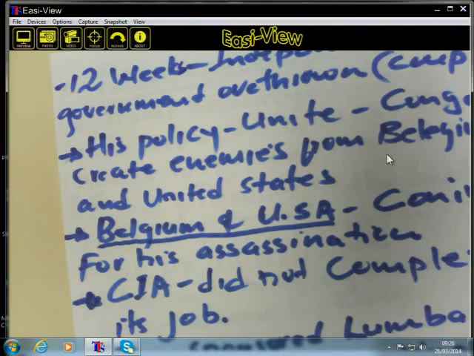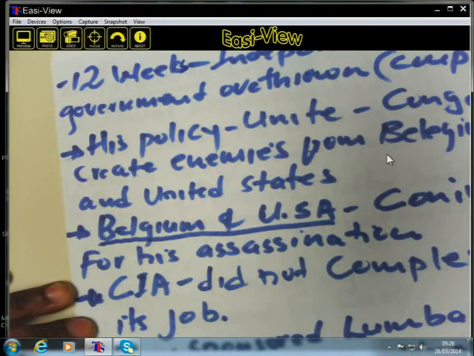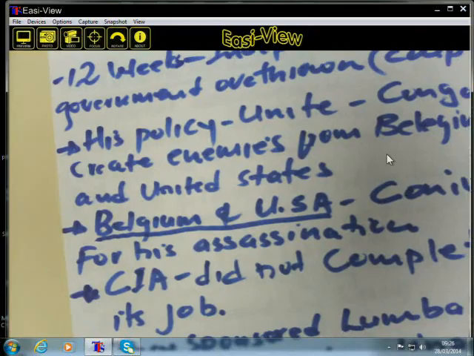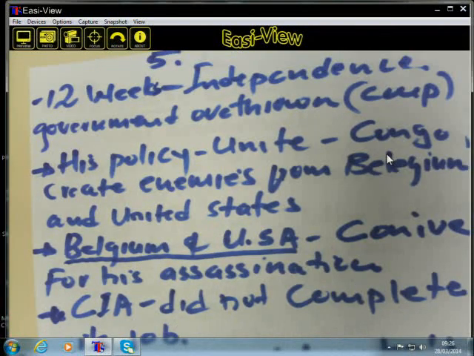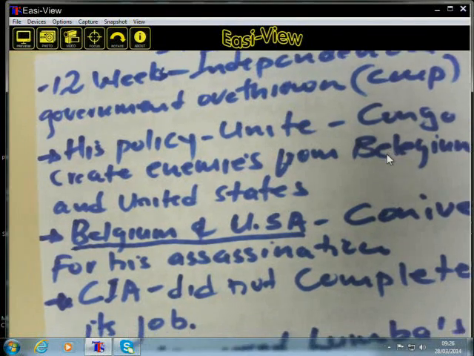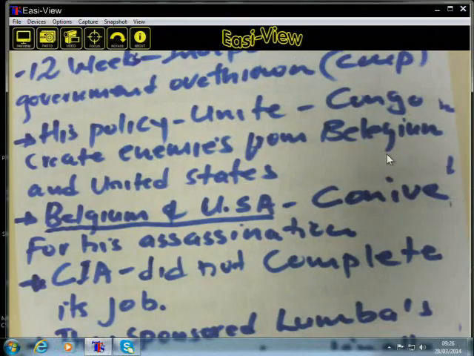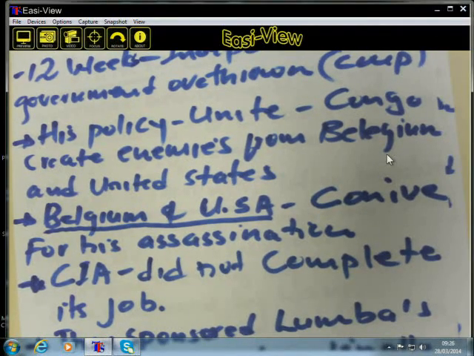And the speech that he made, which was more critical of the Belgians, and this policy created for him more enemies from the side of the Belgians and the United States. Belgium and the United States connived for his assassination.